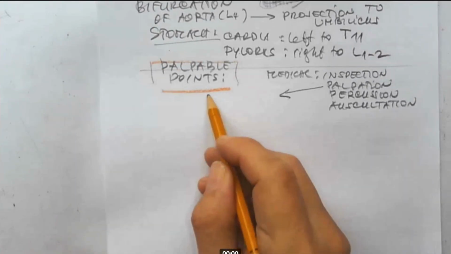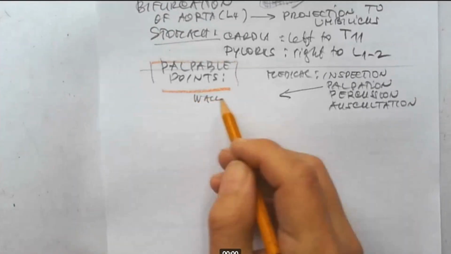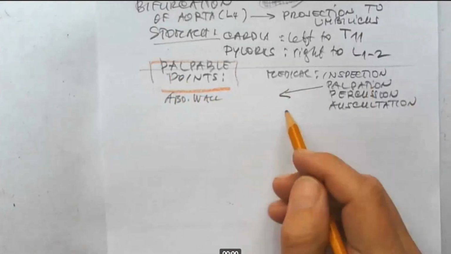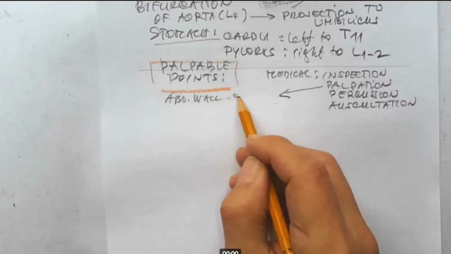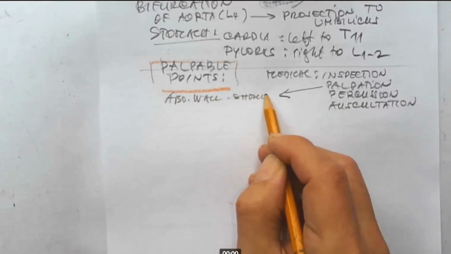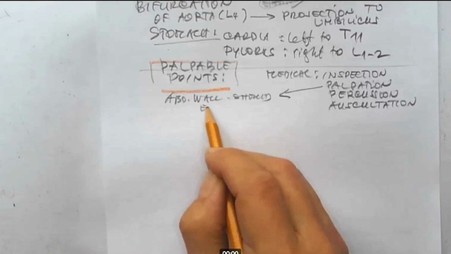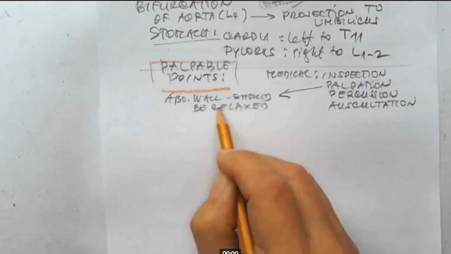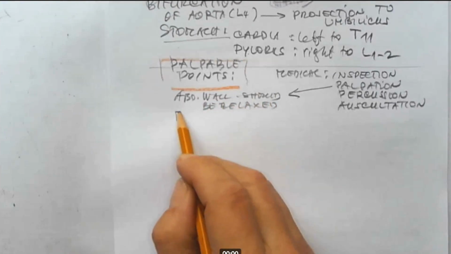So this is one thing: the abdominal wall, when we palpate it, should be relaxed. This is quite logical. And what can we palpate?